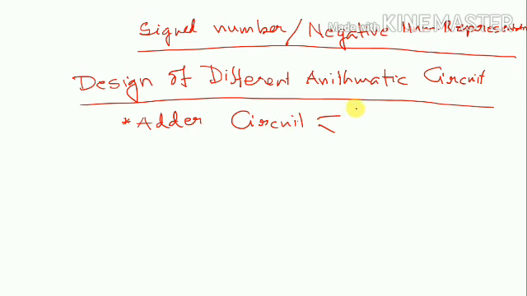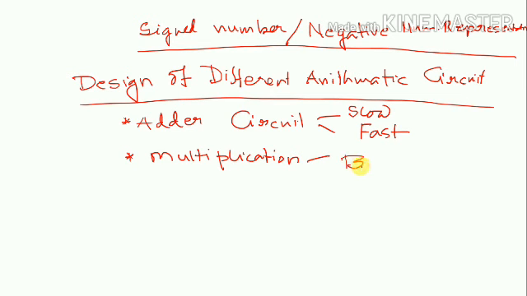Adder circuit is slow and fast. Okay, different types of circuits will be there, and then multiplication circuit. Multiplication, we have to study an algorithm that is called Booth's algorithm.